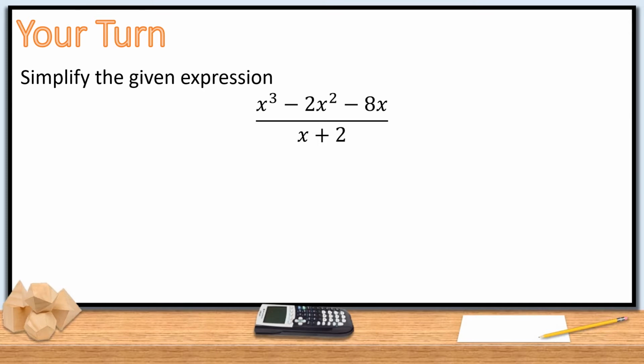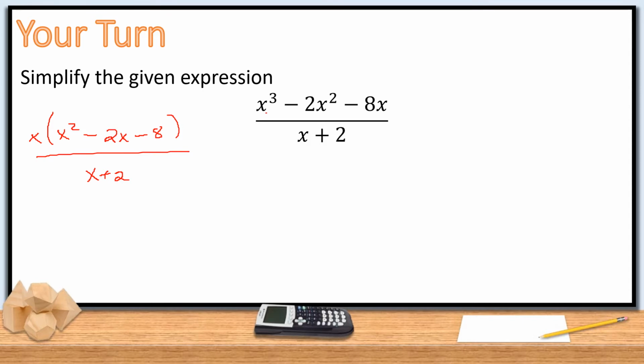Okay, welcome back. X cubed minus 2x squared minus 8x, they all contain x's. So that's my first hint. That reminds me of having to pull the x out and see what's left. So x squared minus 2x minus 8 all over x plus 2. So x and x plus 2 don't cancel, so we're not there yet.